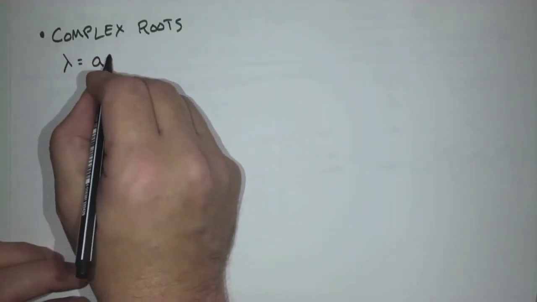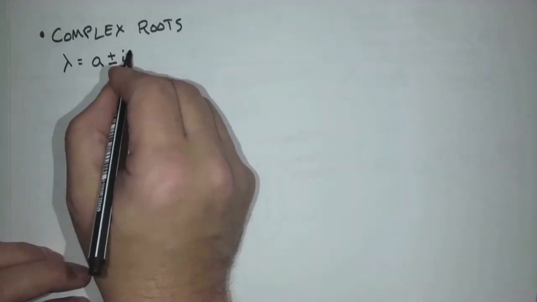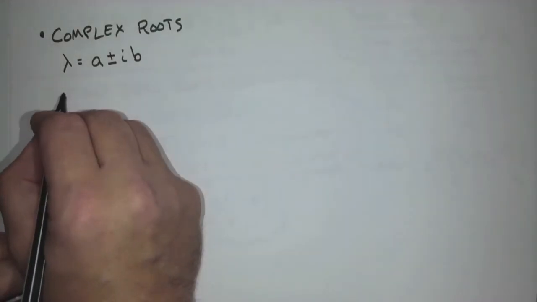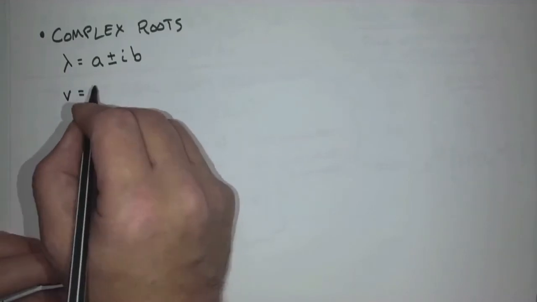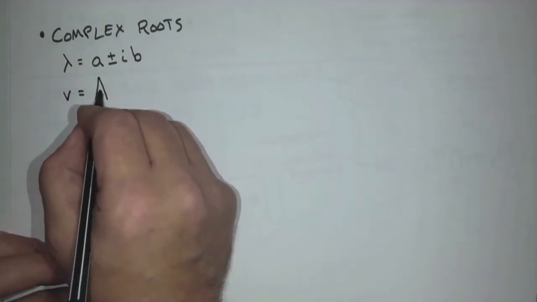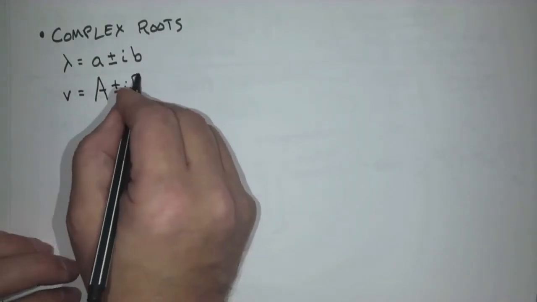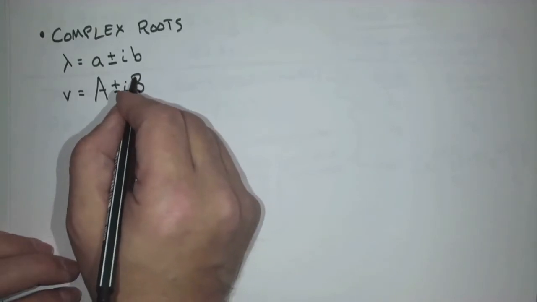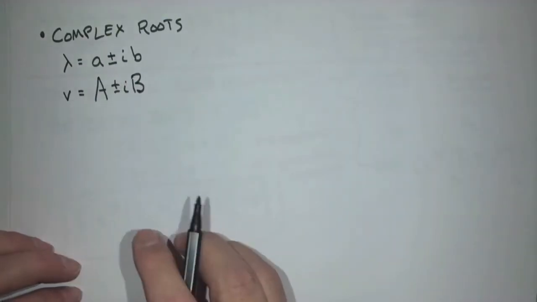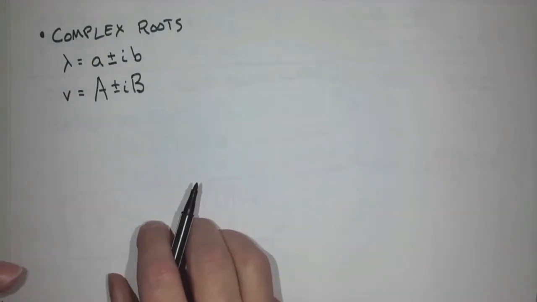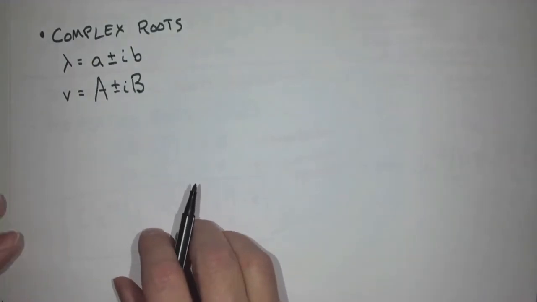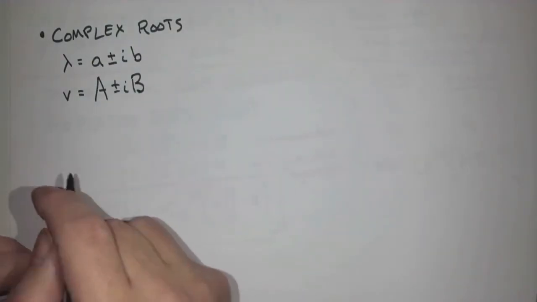So your eigenvalues will look like a plus or minus i times b. And your eigenvectors, they also come in pairs. So a plus or minus i times b. We have to be a little bit careful here because there's a little bit of ambiguity. And you might say, okay, but how do we get to the best scenario?